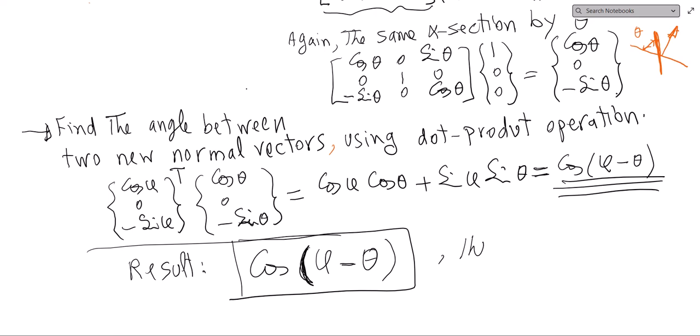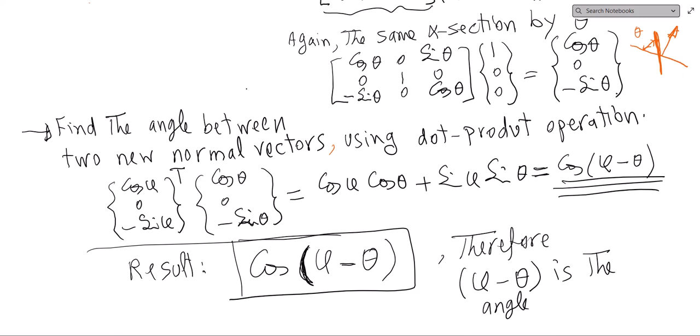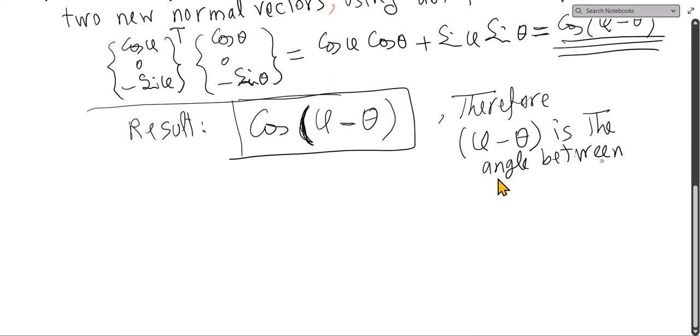Therefore, phi minus theta is the angle between the normals or unit normals.